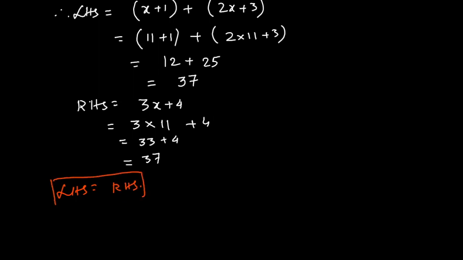So you can test this expression with any value of x you like, and any number of values of x you like, and you will ultimately find that LHS is always equal to RHS. So this type of expression is called identities.